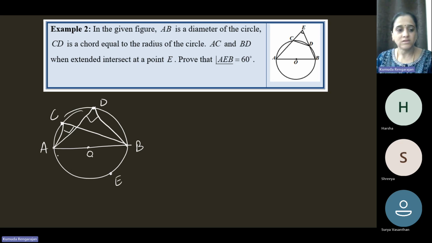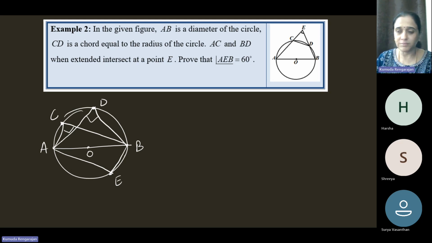Join A to E, B to E. So now an angle is formed. You can see the angle AEB formed on the circumference at the point E, and that angle is made by the diameter.